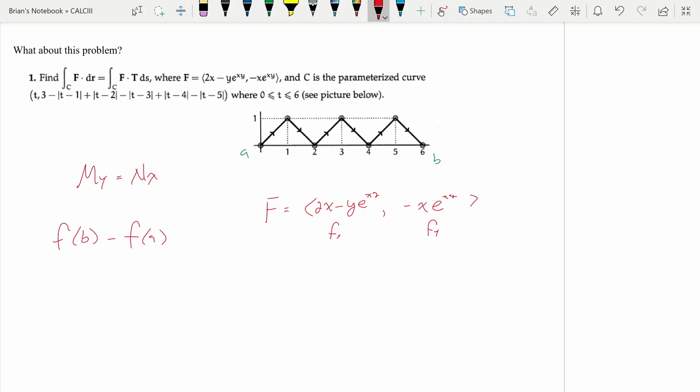So it'd be almost like taking the integral. So this would turn into x squared minus e to the xy, because if we took the derivative of this with respect to x, it would bring us right back to where we came from. And then for the other one, it would be just negative e to the xy, and those kind of match up. So then our potential function is what those two combine to. It'd be x squared minus e to the xy.